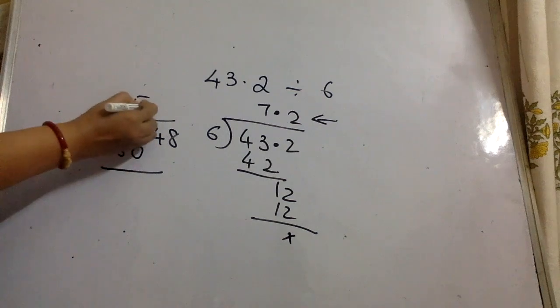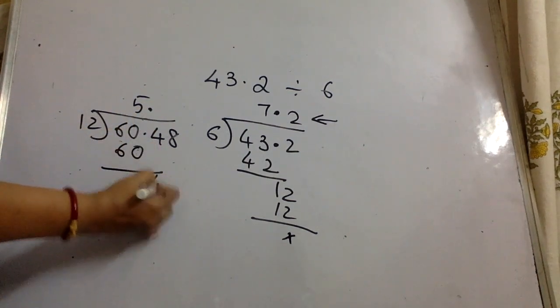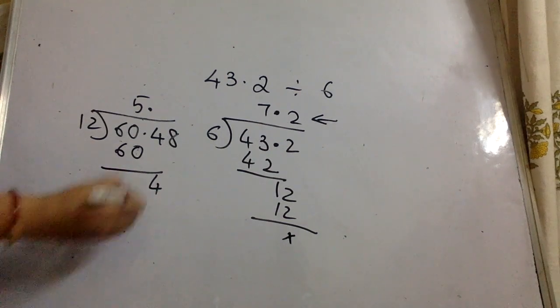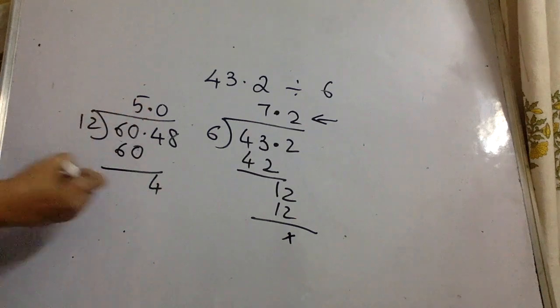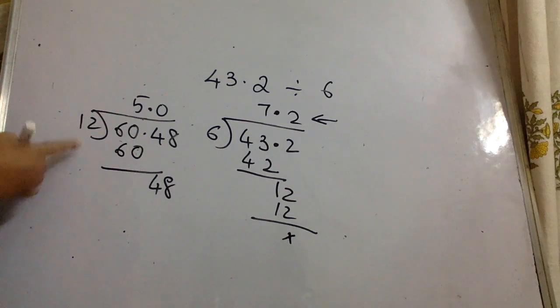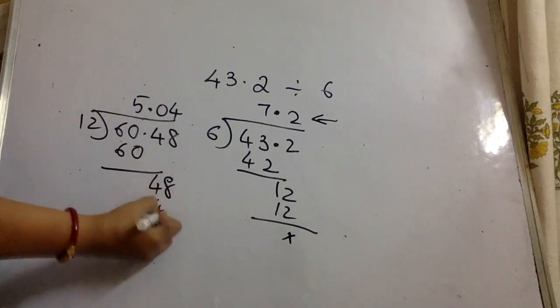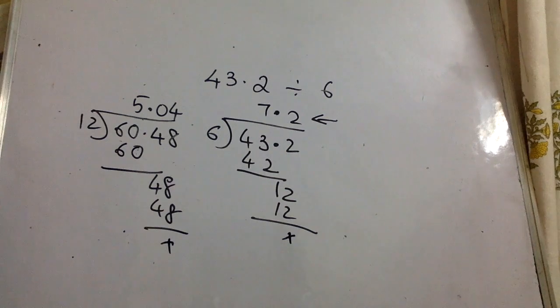Just copy this point, that's all. Bring the 4 down, 12 is not going in the 4, so put a 0 for that. If it is not going in this number, put a 0 and then bring the 8 down. Then 12 fours are 48, over. This is my answer. Remember, this is always the answer.